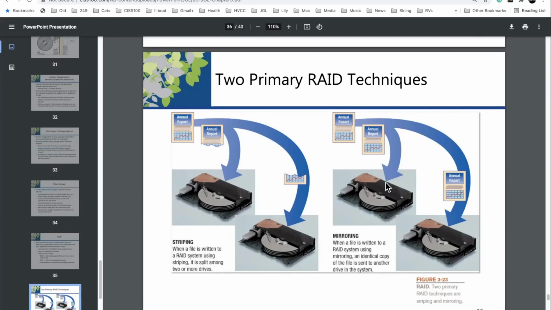I'm going to write all the data to 2 different disks at the same time. Of course, this is going to require more buses, just as this one will. But now, should one of these drives fail, I still have persistent data on one of the other drives. So we achieve in computing fault tolerance or resiliency through redundancy.